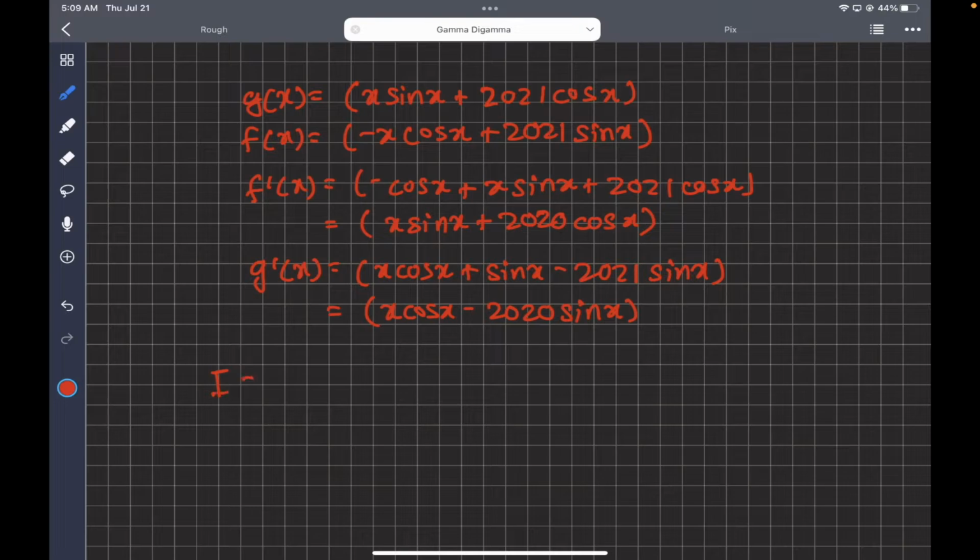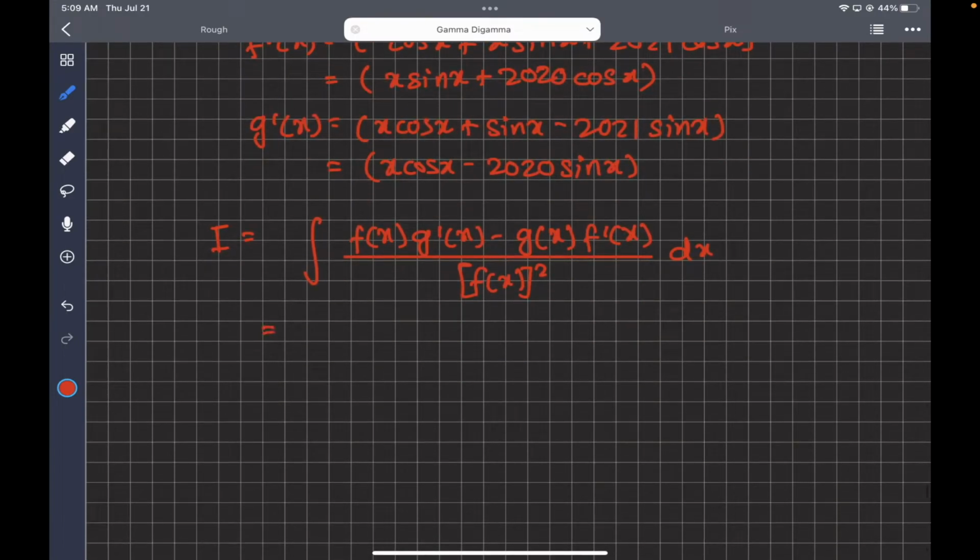Now this is really useful, at least this labeling was useful, because now we have f of x times g prime of x minus g of x f prime of x, divided by f of x squared, integrated dx. What is this? This looks like the quotient rule, does it not? This is d over dx of g of x over f of x.